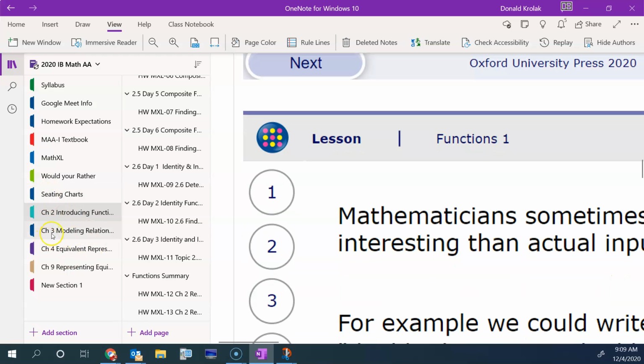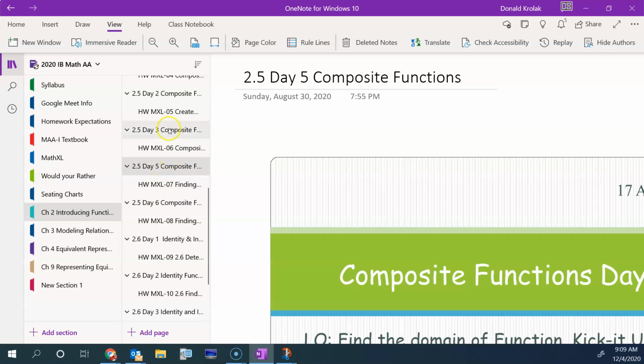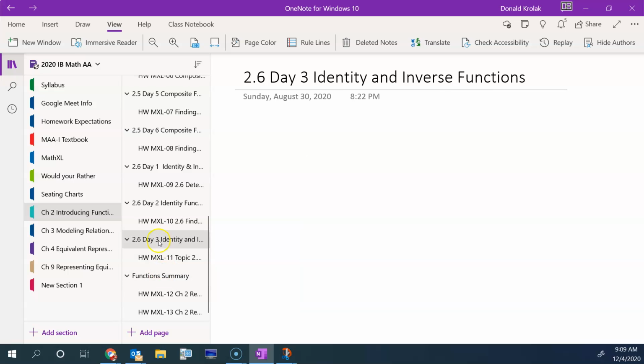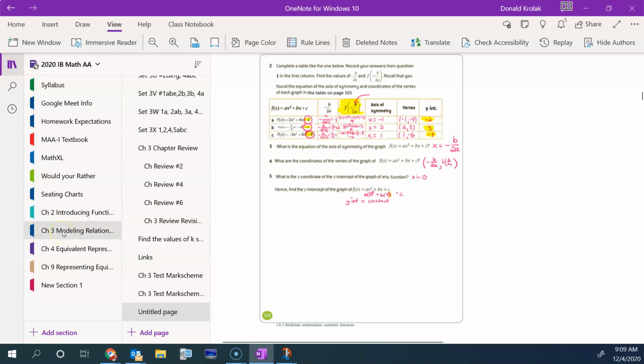Then we did all the stuff on functions. So it'll cover composite functions, identity functions and inverse functions, and then the stuff that we just finished, the modeling. So your final will cover these two units, chapter 2 and chapter 3.